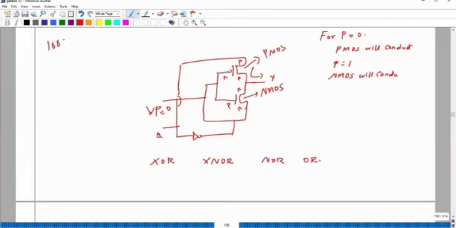So for P, Q equal to 0 0, 0 1, 1 0, 1 1, what is my Y?